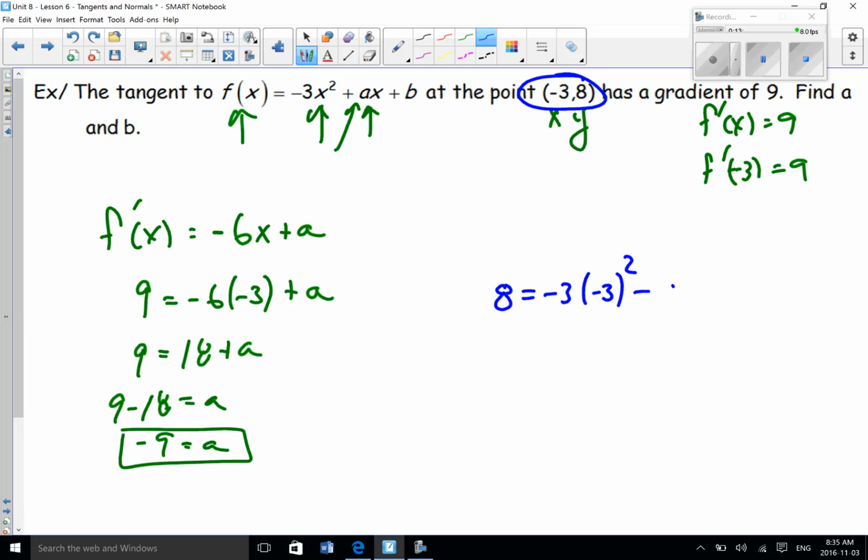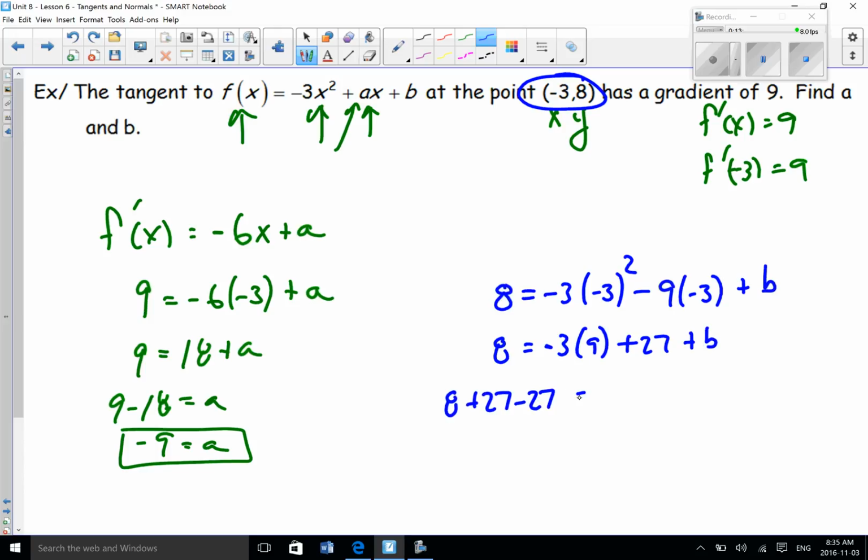A we just figured out was negative 9. Now the only variable I'm missing is the b. So if we solve this, and just be careful with our signs, we'll get 8 plus 27 minus 27 equals b, or in other words, 8 is b. And look, we've solved that variable.